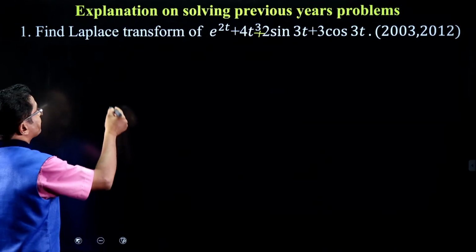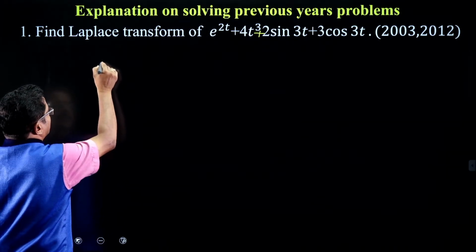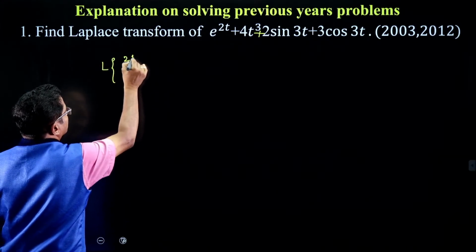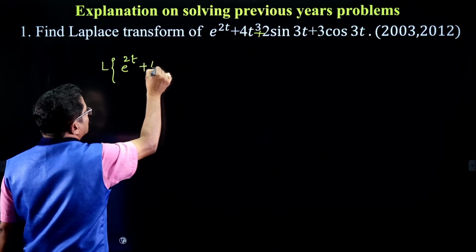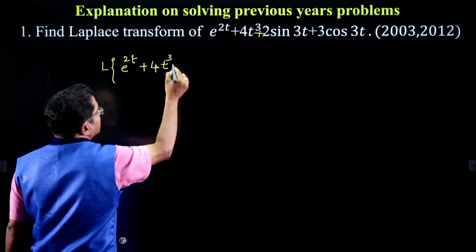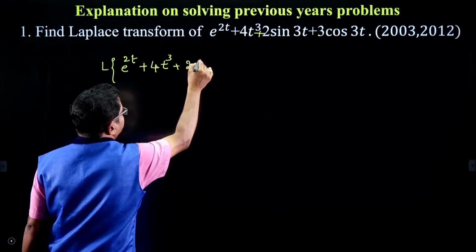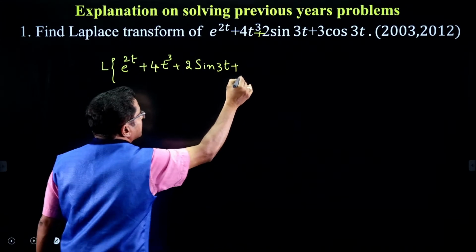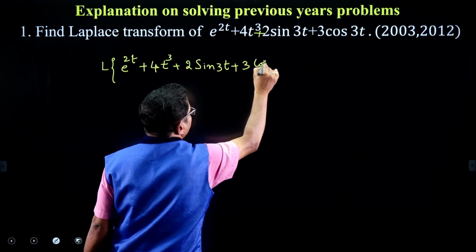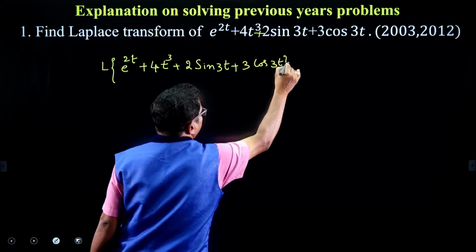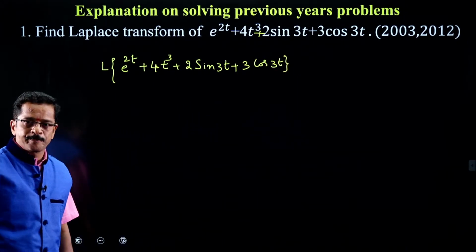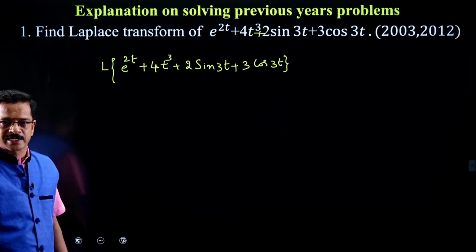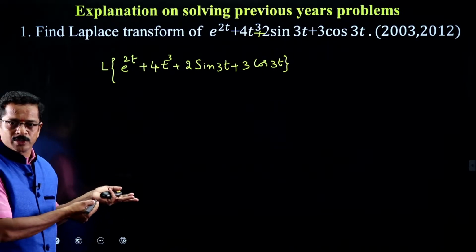So here I have the Laplace transform of e power 2t plus 4t cube plus 2 sin 3t plus 3 cos 3t, which we have to evaluate. These are all standard forms that we listed in the previous slide. Using those formulae we are going to evaluate, right?